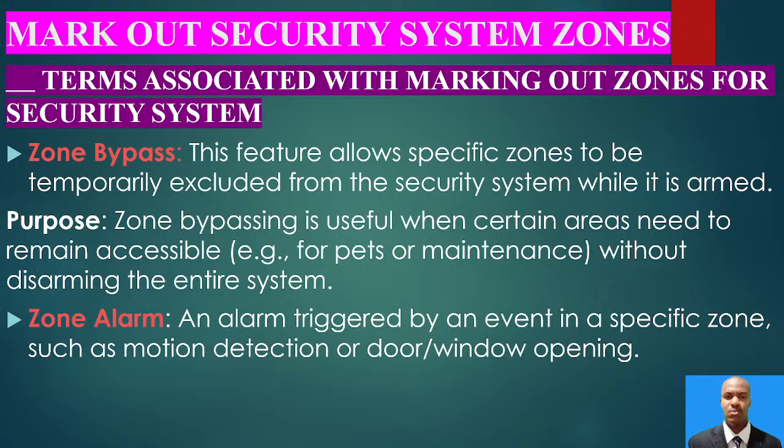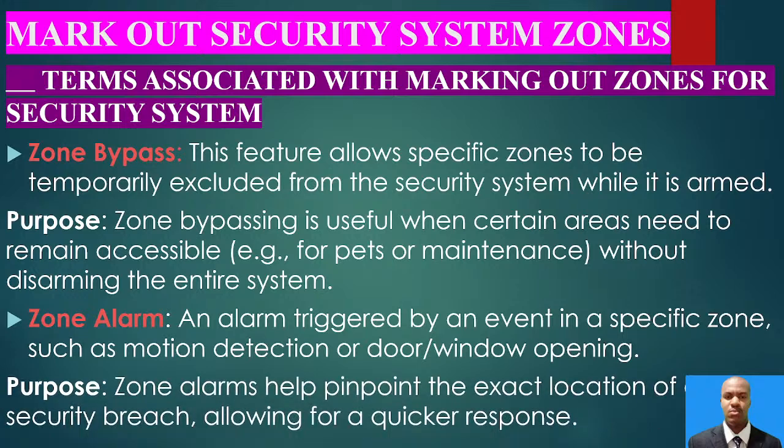So once a door or a window is opened, you may have a security system that is able to alert you and tell you a specific door, maybe in terms of a number or in terms of the rooms, has been opened. So zone alarm helps to pinpoint the exact location of a security breach, allowing for a quicker response.